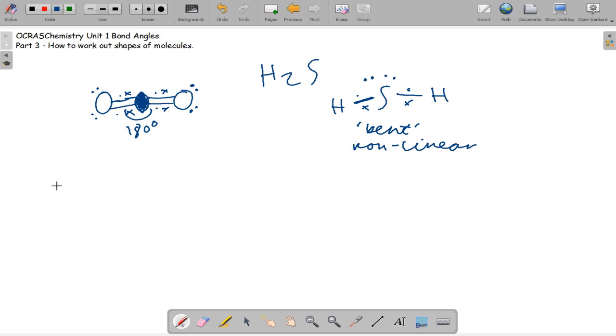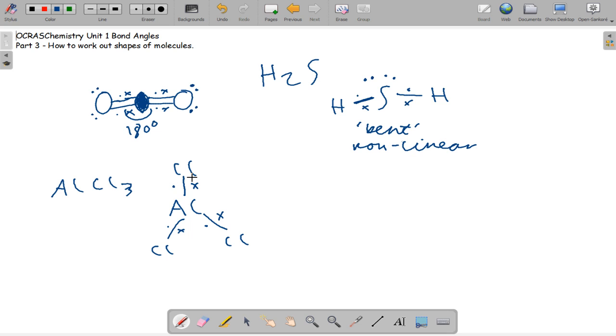If we look at another one now, aluminium trichloride, we would have the Al atom like that, and like that.